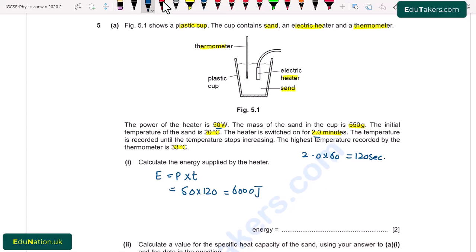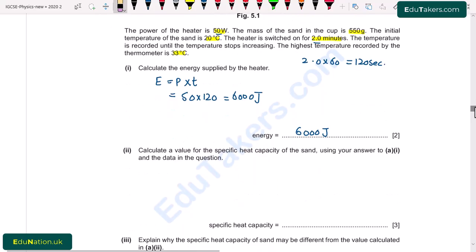So I write here part 2. Calculate a value for the specific heat capacity. Here we have to calculate the specific heat capacity of the sand using your answer to part A1 and the data in the question.